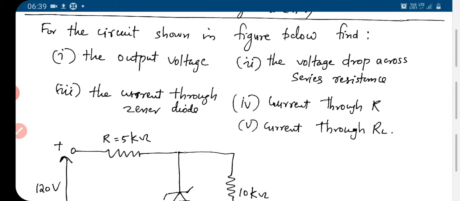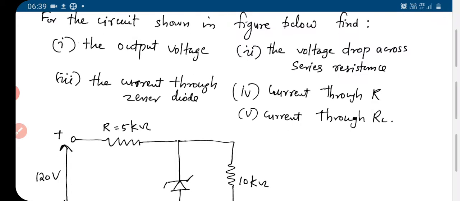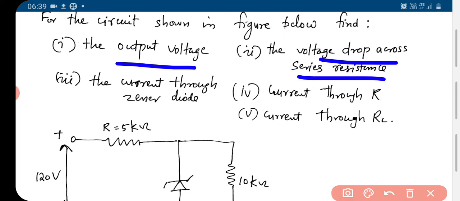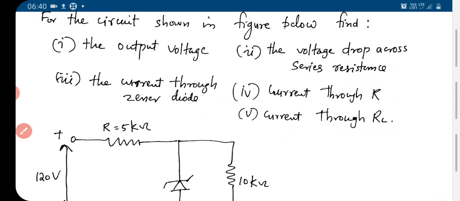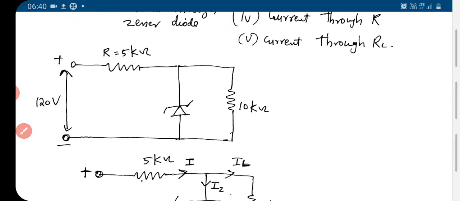For the circuit shown in the figure below, find the output voltage, the voltage drop across the series resistance, the current through the Zener, the current through R, and the current through RL. So this is the circuit.